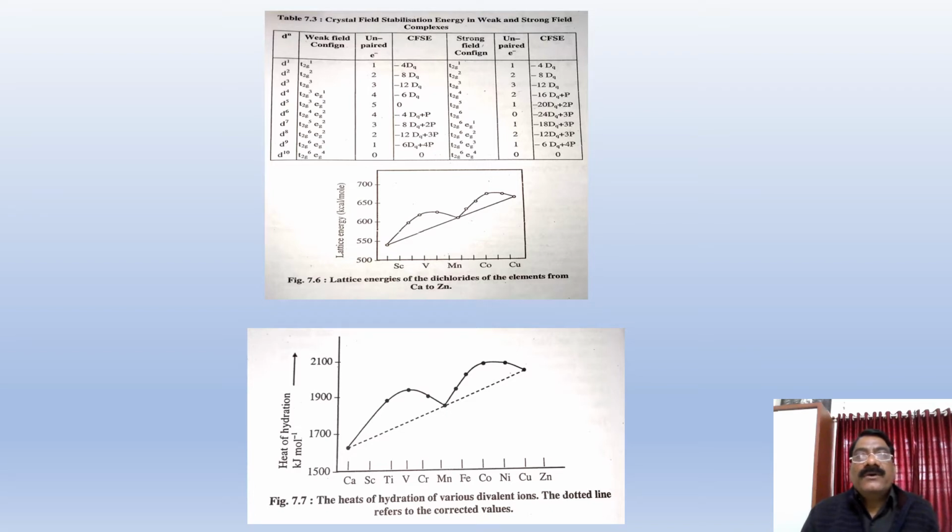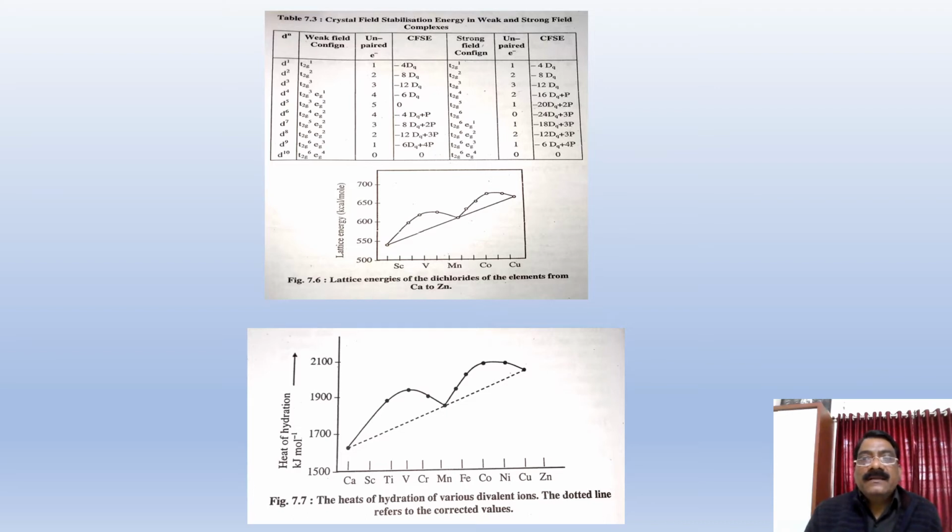For the d1 system CFSE is minus 4 Dq, d2 minus 8, d3 minus 12, d4 minus 6, d5 system 0 CFSE, d6 system having minus 4 Dq plus 1 pairing, d7 system minus 8 Dq plus twice pairing energy, d8 system minus 12 plus 3 pairing energy, d9 minus 6 plus 4 pairing energy, and for the d10 it is 0.